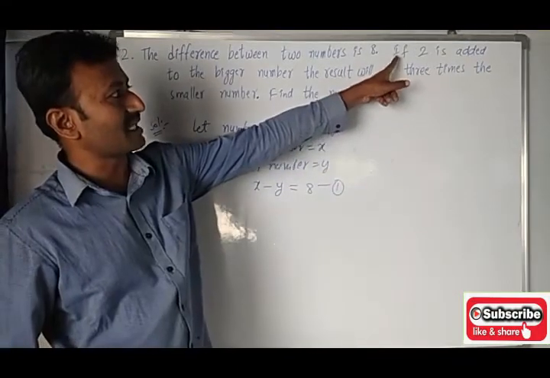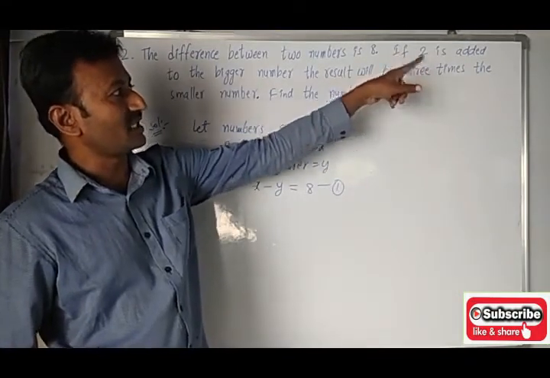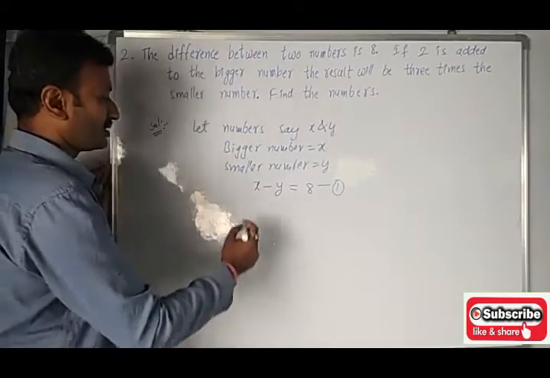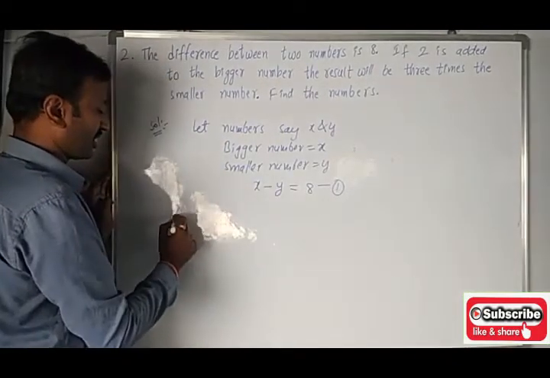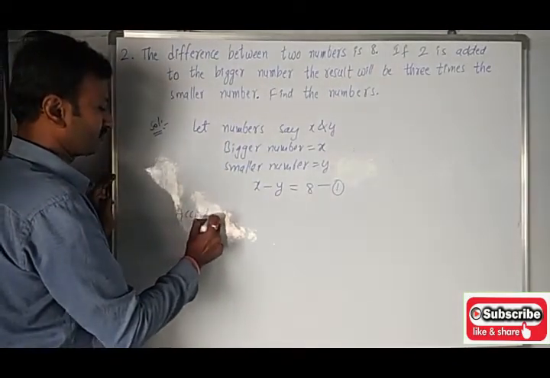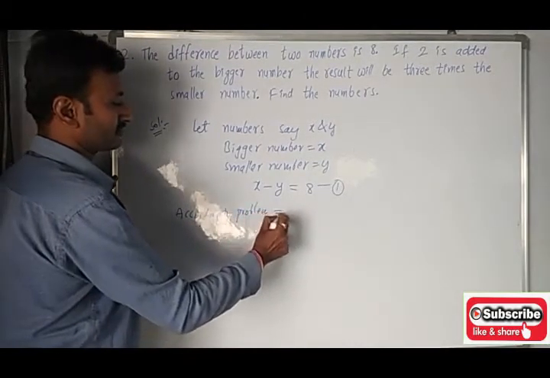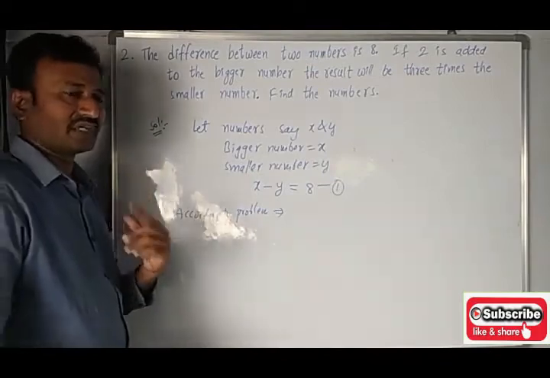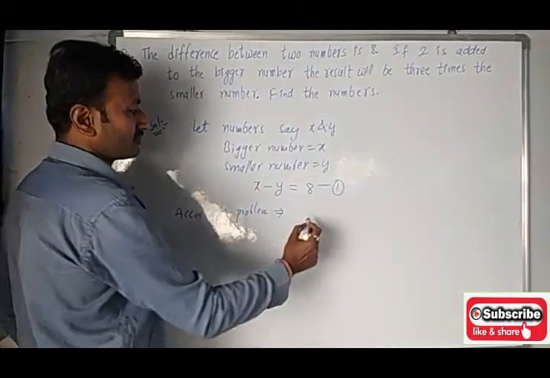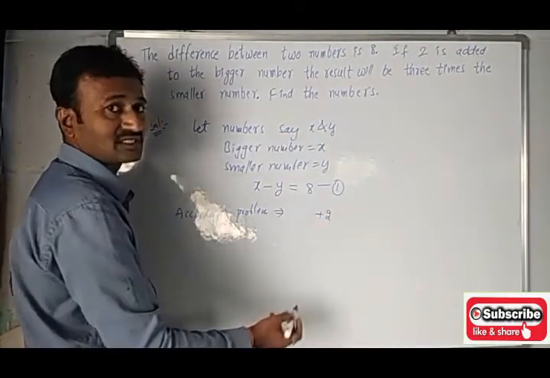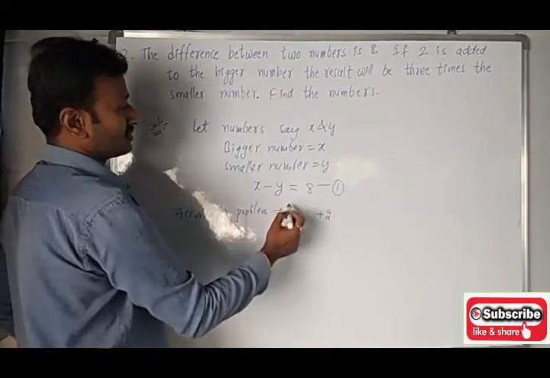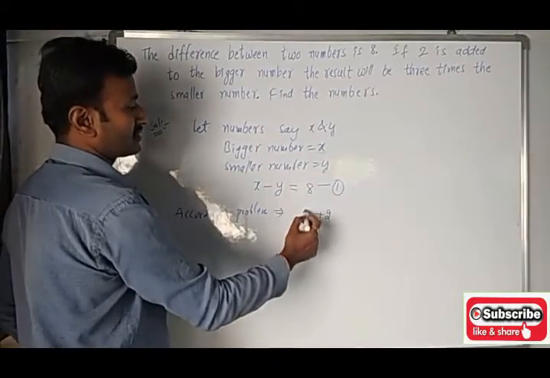So we will go for the second statement. If 2 is added to the bigger number, according to the problem, we will do it in one step. 2 is added. For what? For the bigger number. So the bigger number is what? x.